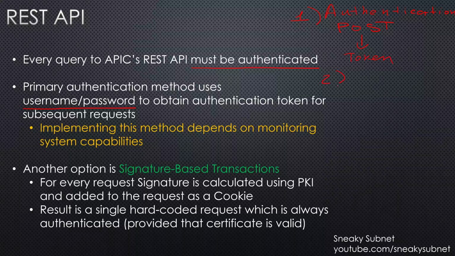And all our subsequent requests, it may be a GET request to gather data or a POST request to change something, we will put the token inside every single request. So we will put it here, we will put it here, we will put it here. So essentially the token provides authentication for subsequent requests.